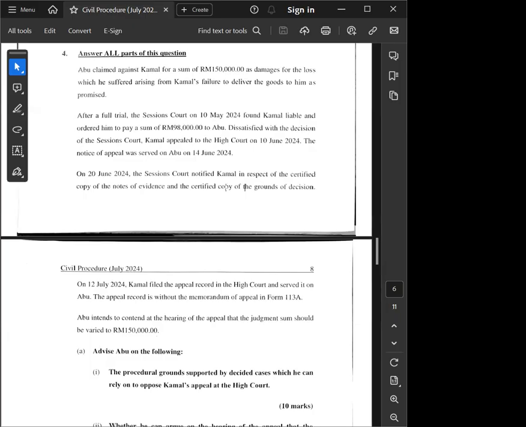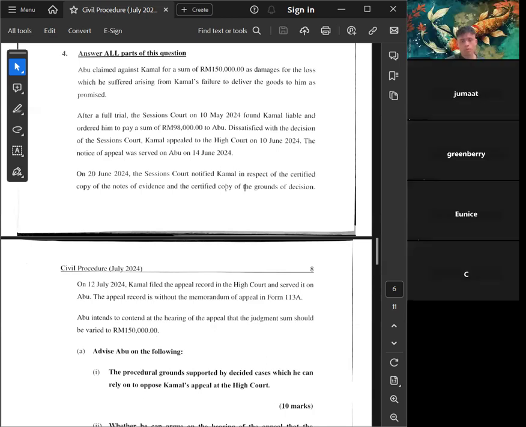Now, since we are here, I'm going to teach you all. I will try to suggest how to outline your answer in a structured way. Because you advise Abu, what are the procedural grounds that he can rely on to oppose Kamal's appeal?